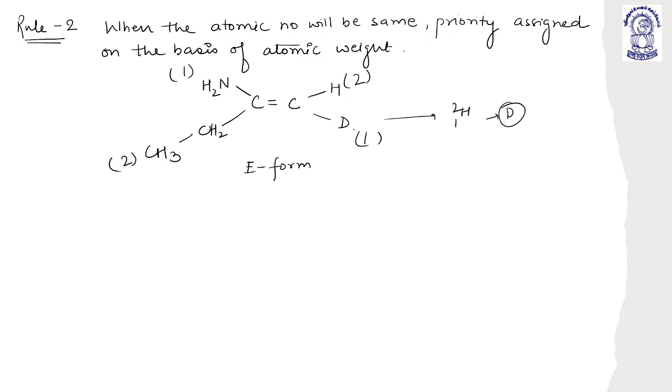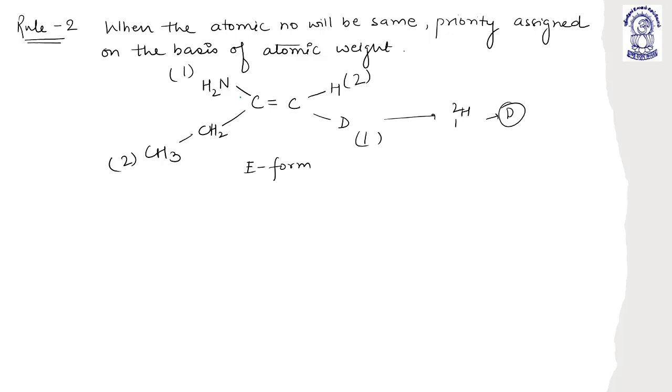So more mass means more priority. If the atomic number is the same, then the priority will be assigned on the basis of atomic weight.